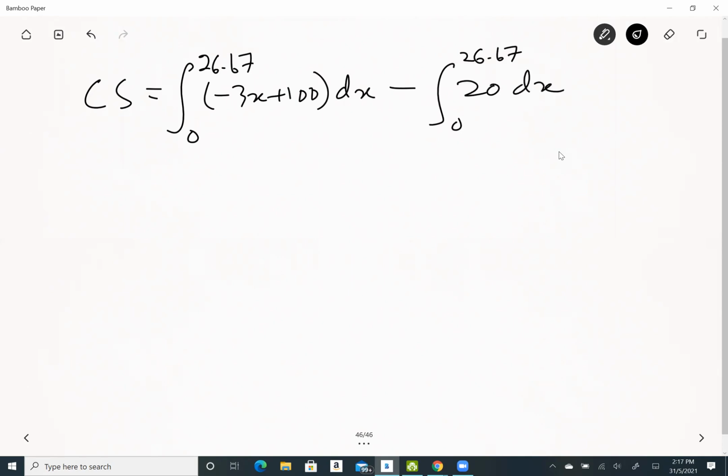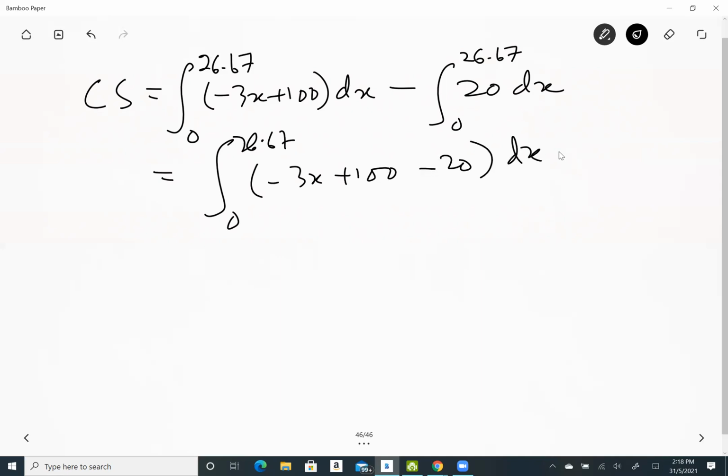Okay, so now we do the integral. I think what we can do is take the difference first and then integrate. So from 0 to 26.67, I combine that and get negative 3x plus 100 minus 20 dx.